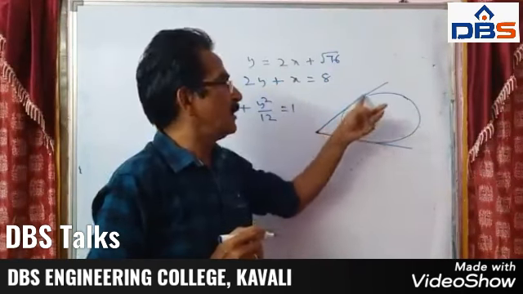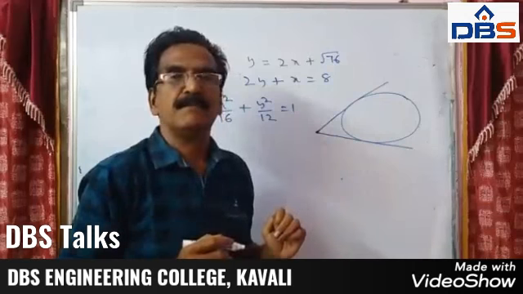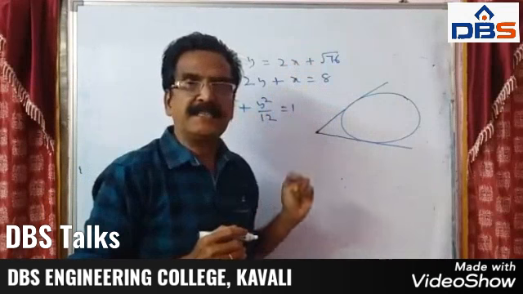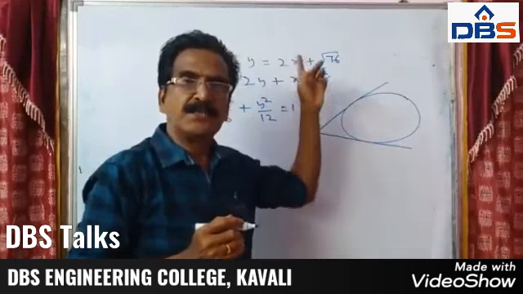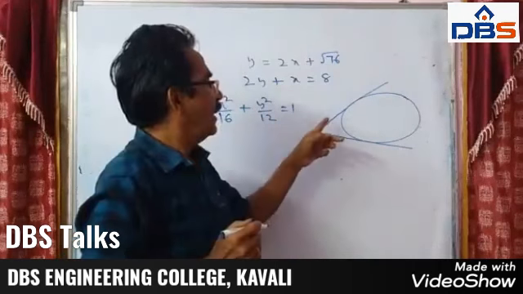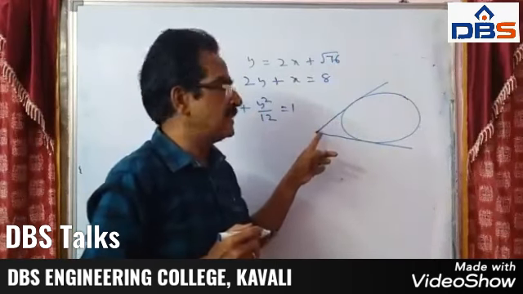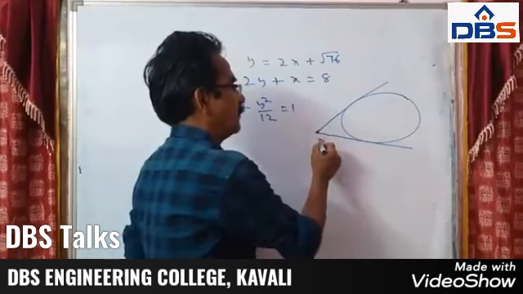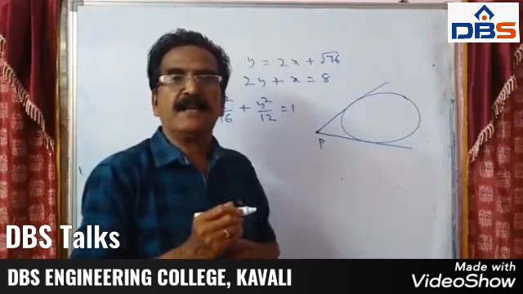Two tangents have been drawn to this ellipse. These two are the equations of the tangents, and these two tangents intersect at a point P, the point of intersection.